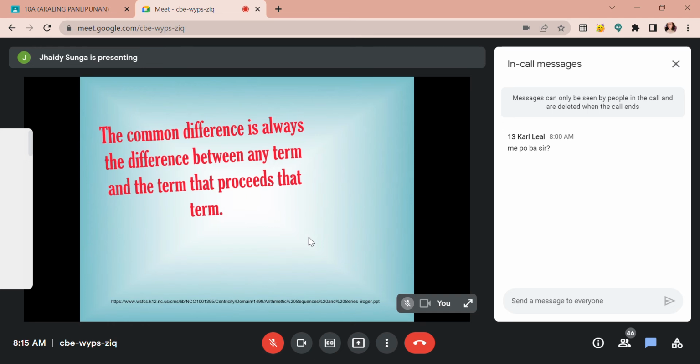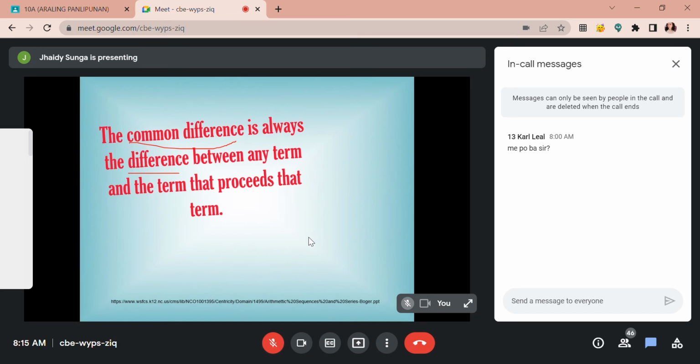Like in arithmetic, we used to have this word common difference, common difference. That's the only thing that we should look at.